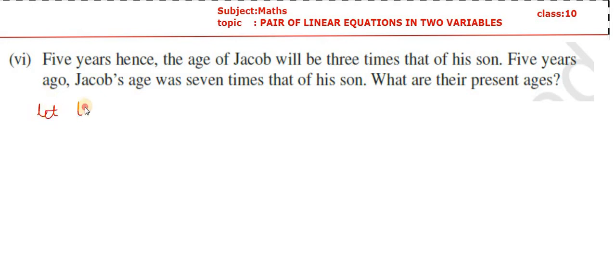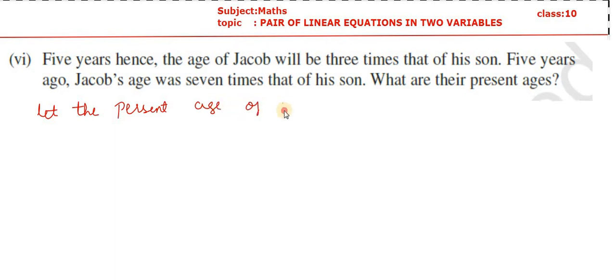So what we can do is, let the present age of Jacob be x years, and his son's be y years. Let the present age of Jacob be x years and the son be y years.